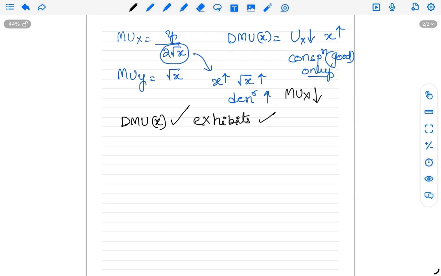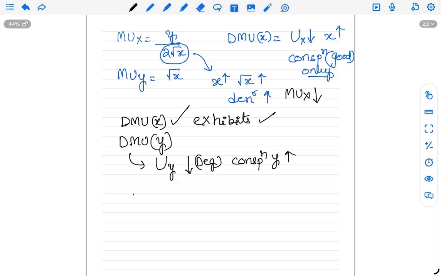This is correct. What about the diminishing marginal utility of y? That is, the utility of y is decreasing when the consumption of good y increases. MUy equals root x.